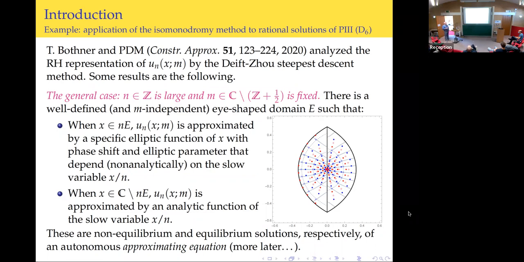Okay, so these two types of approximations, the one inside of the eye shape, which is like an elliptic function that's modulating around, or the exterior, which is some non-vanishing analytic function, can really be thought of as non-equilibrium and equilibrium solutions, respectively, of a certain autonomous approximating equation.